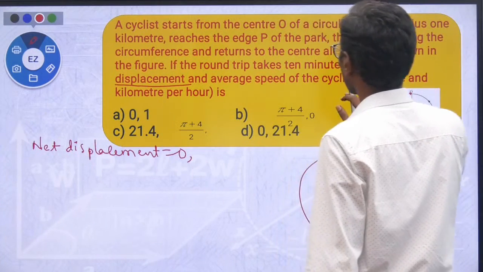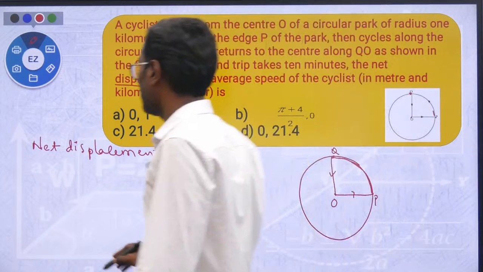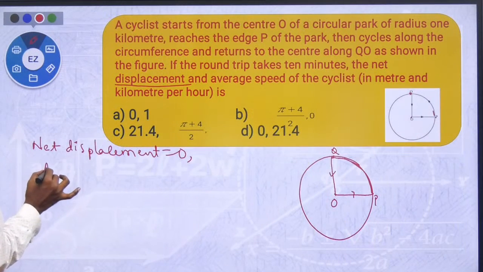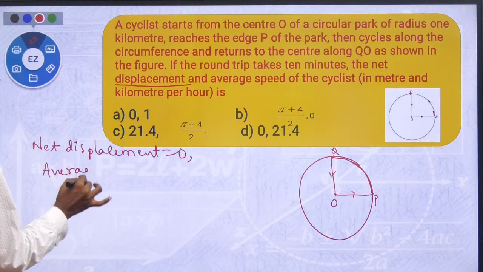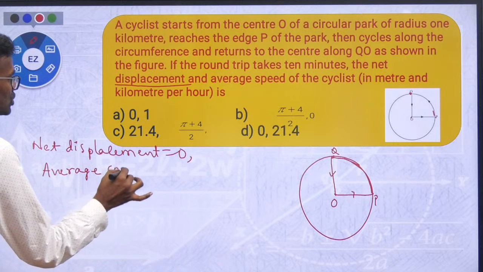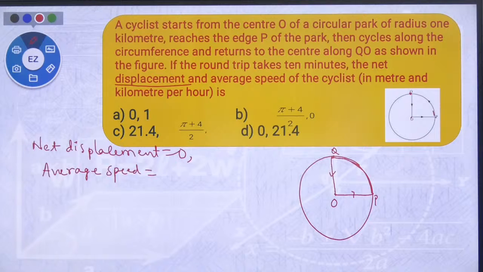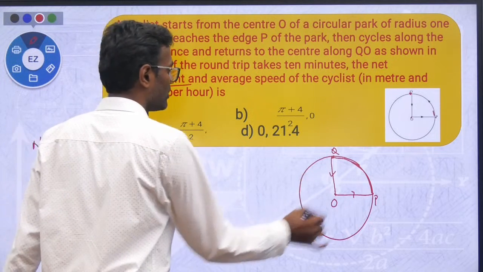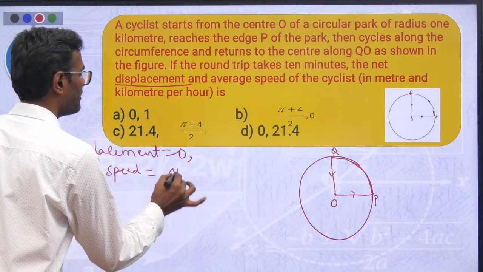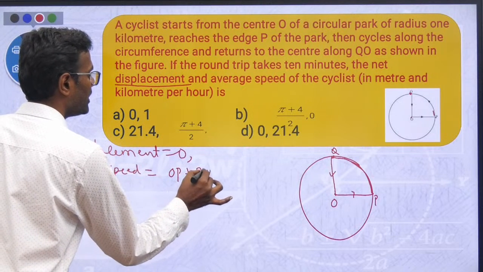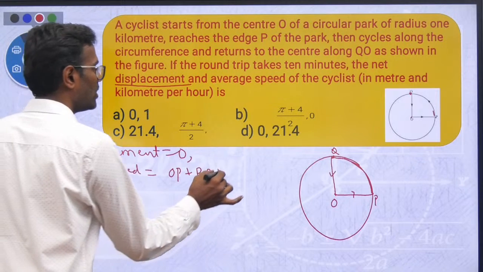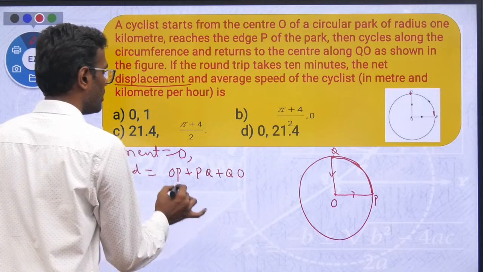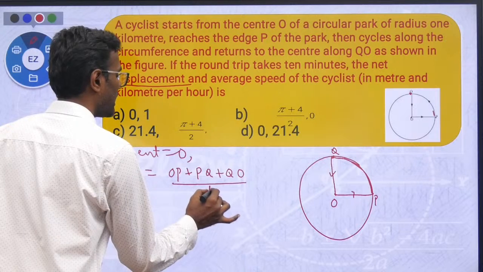Next one, average speed. Average speed is equal to total distance covered by total time taken. So total distance, how much? Total distance means OP plus PQ plus QO, by total time.